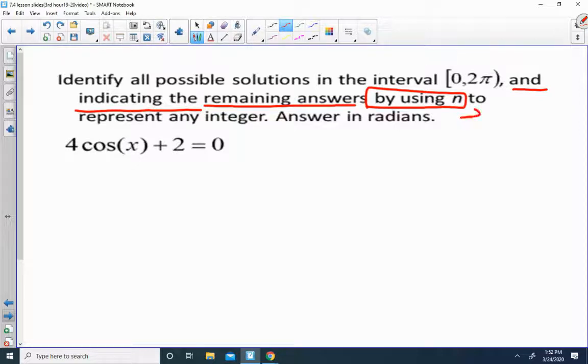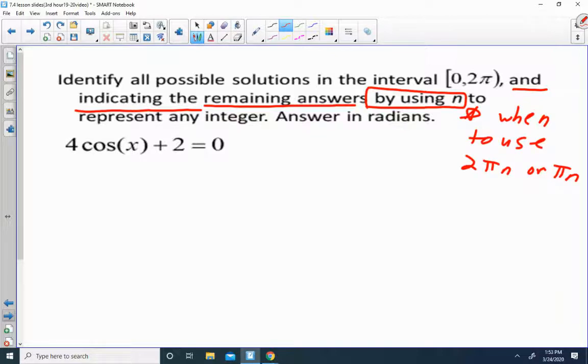Basically, the instructions will tell you when to use 2 pi n or pi n. All those previous examples I showed you, we didn't have to use pi n or 2 pi n because the instructions didn't want it. These instructions specifically say, hey, use n, use 2 pi n, use pi n, whichever one you need to use. Basically what I'm saying is, read the instructions, please.